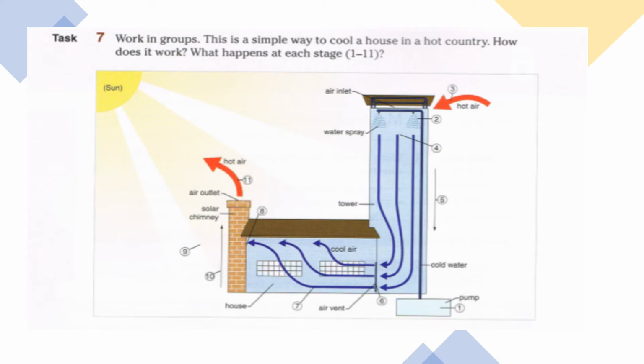Then the air becomes hot, it goes up and leaves the house through the air outlet, and what leaves the house here is hot air. So hot air enters at the top on the right and leaves at the top on the left. Between these two, it becomes cold and it makes the house cool.